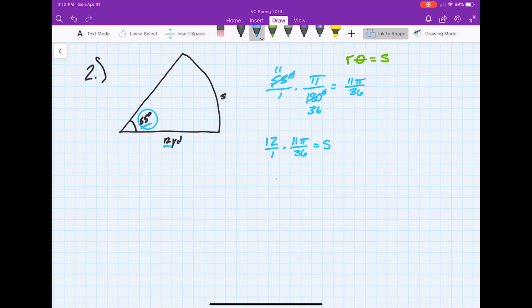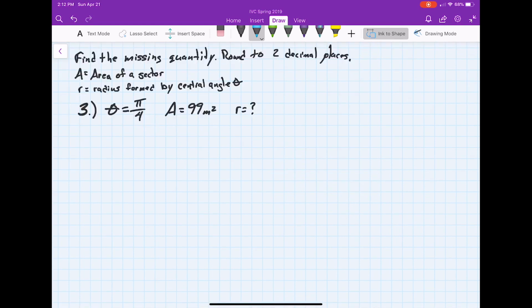Anyway, plug that into a calculator, and you're going to get 11.519 yards. Remember, we were asked to round to 3 decimal places. So there you go.